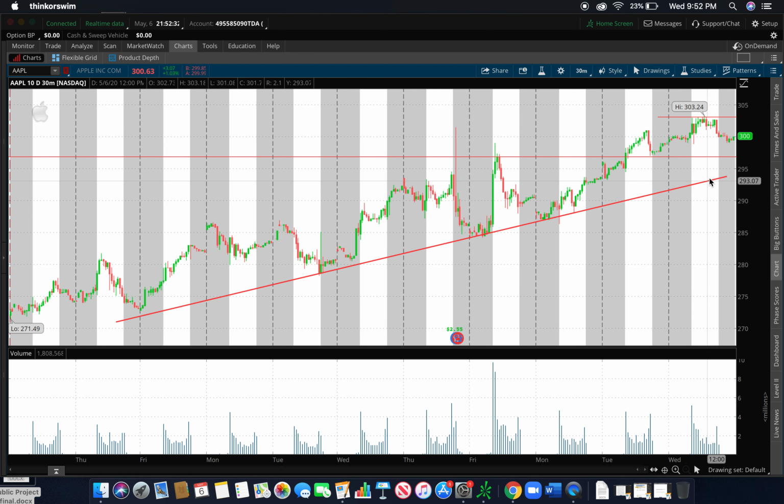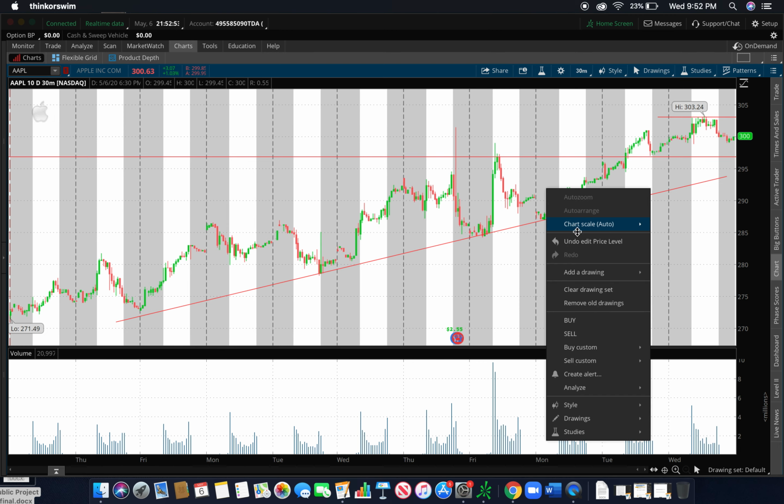Is it going to bounce off of it again, like it's done multiple times before, right here and right here? Or is it going to break through that trend and downtrend even more? If it does break through this trend line, then the next possible support that it might test is around the 292 area, which is right here.